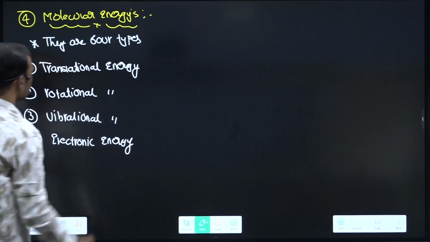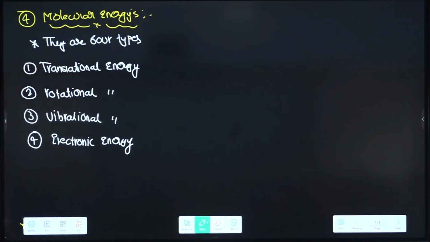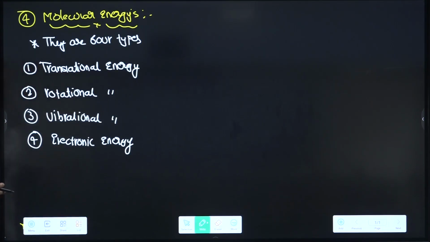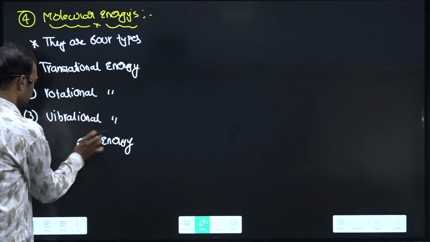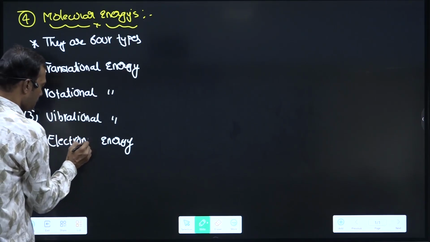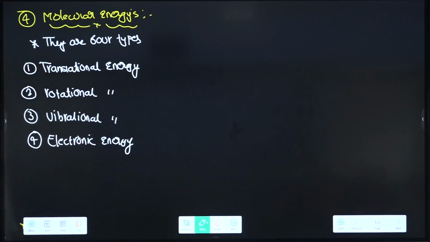These are the 4 types of molecular energies for any molecule: translational, rotational, vibrational and electronic energy levels.